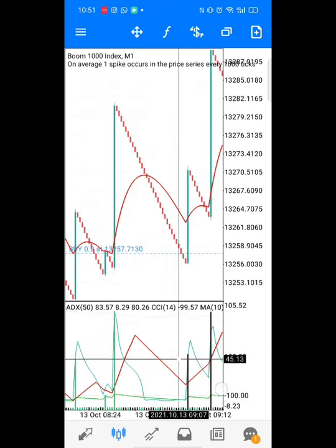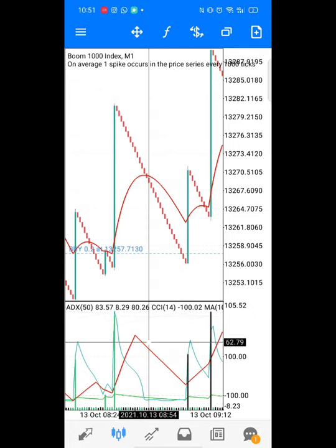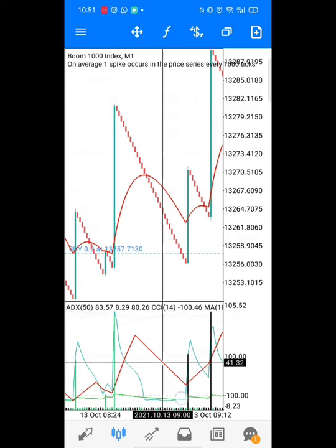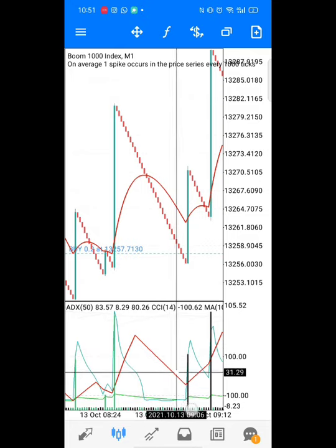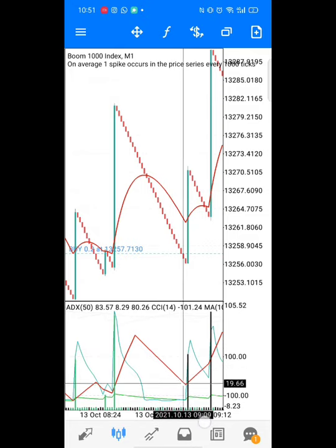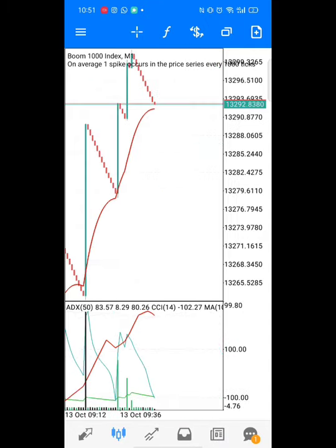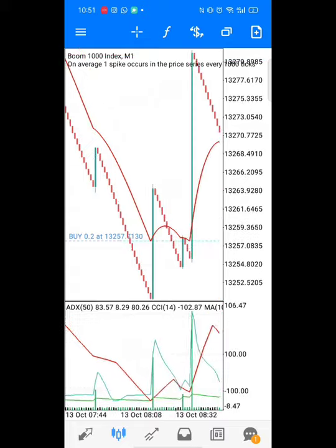I was watching this market using the crash and boom strategy, whereby you wait for the red moving average to cross below the green line at the oversold level, then you place your buy. That was what I did.